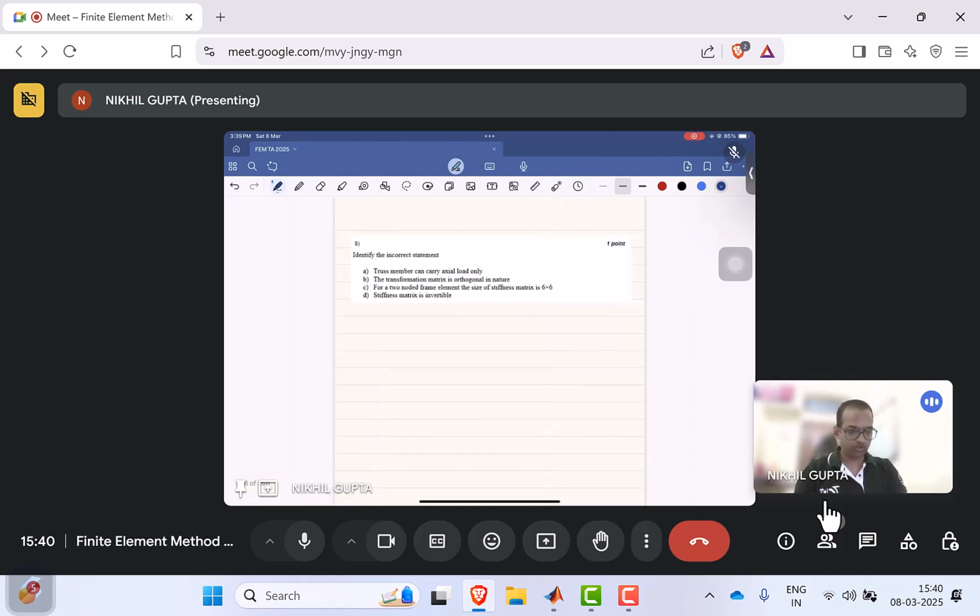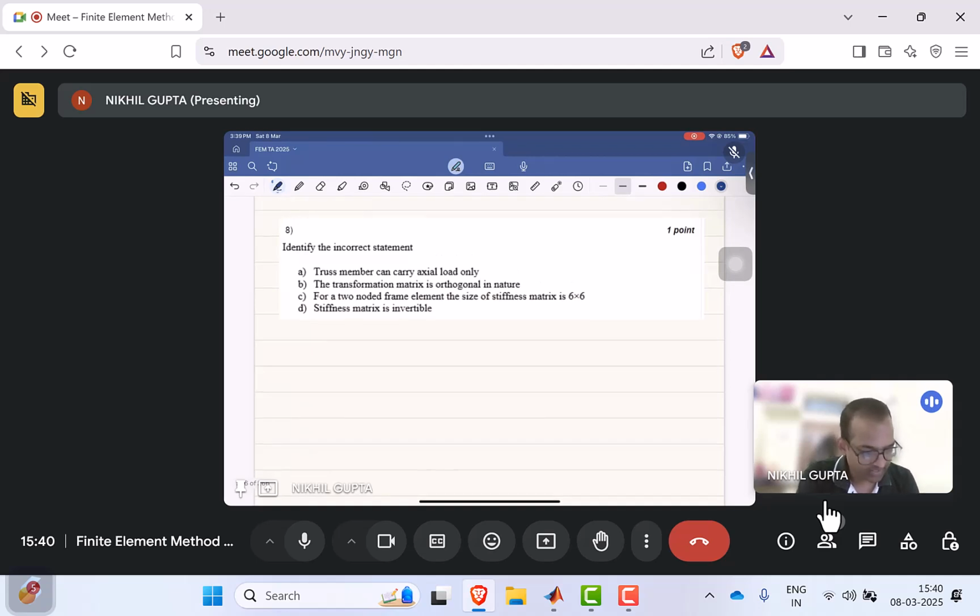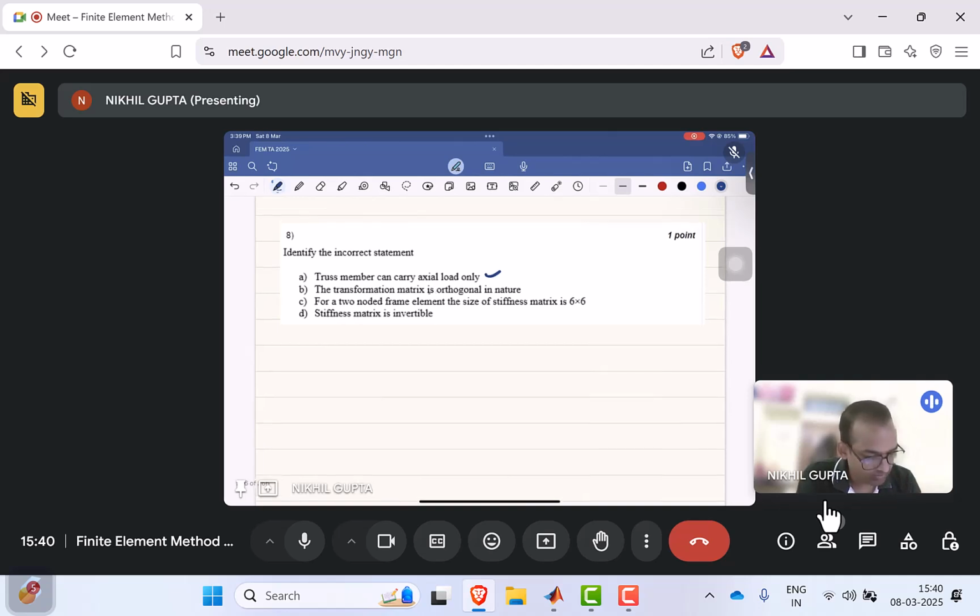Okay, question number 8 was to identify the incorrect statement. The first part says truss members can carry axial load only. Yes, this is correct. The transformation matrix is orthogonal in nature. When you write the transformation matrix, this property holds.